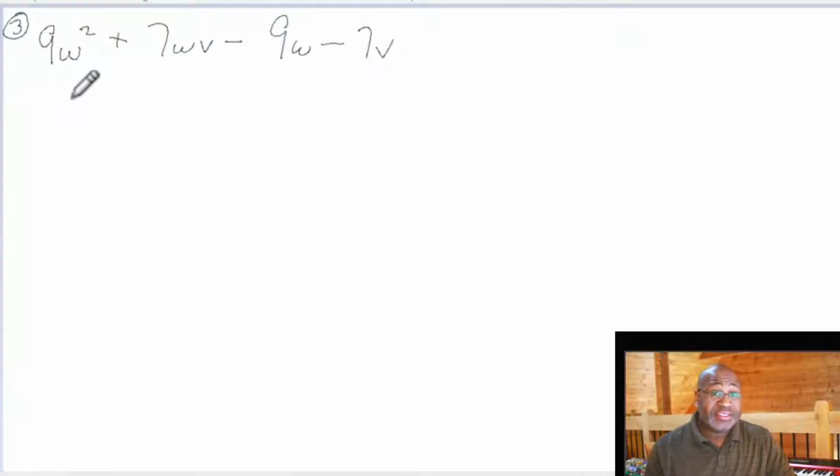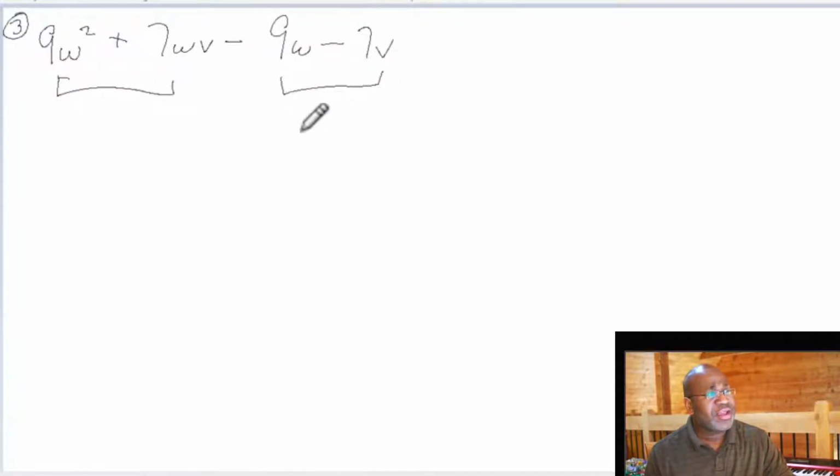For our next example, we have 9w squared plus 7wv minus 9w minus 7v. Now, in this problem, when we attempt to pair off the terms to begin with, you'll probably notice that in the second pair, there's no obvious common factor. We could, by default, factor out a 1, or a negative 1 in this case.